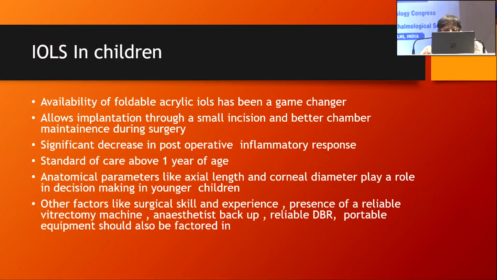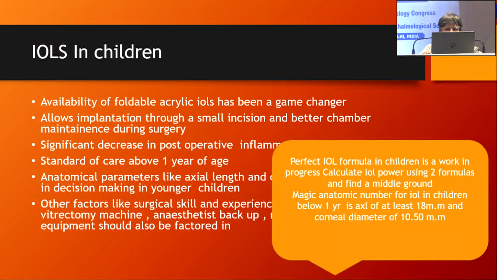superior over aphakia, but anatomical parameters like axial length and corneal diameter play a role in decision making, and I think if you have adequate corneal diameter of at least 10 and axial length of 18, and appropriate surgical skill and ability to do follow-up, then you should probably think of IOL in infants. But apart from that, other factors like I have mentioned here should form a part of your decision making.